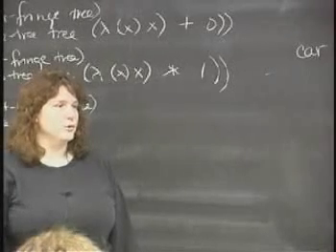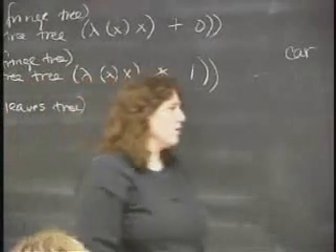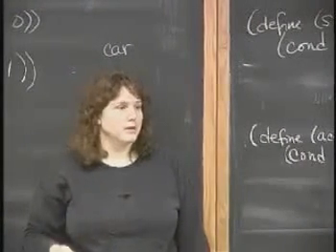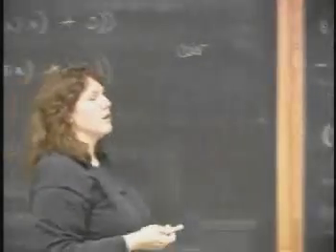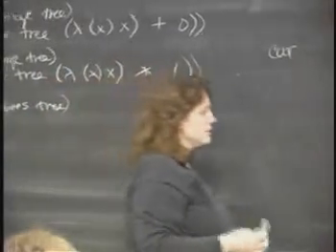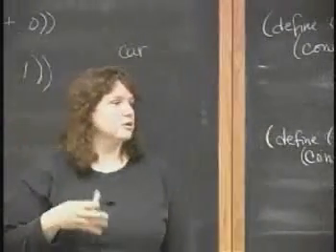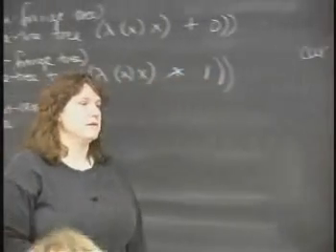We're going to get an error, because we can't apply car to something that isn't a pair. So we can't use car as our term, because when we're using term, we know that we don't have a pair.